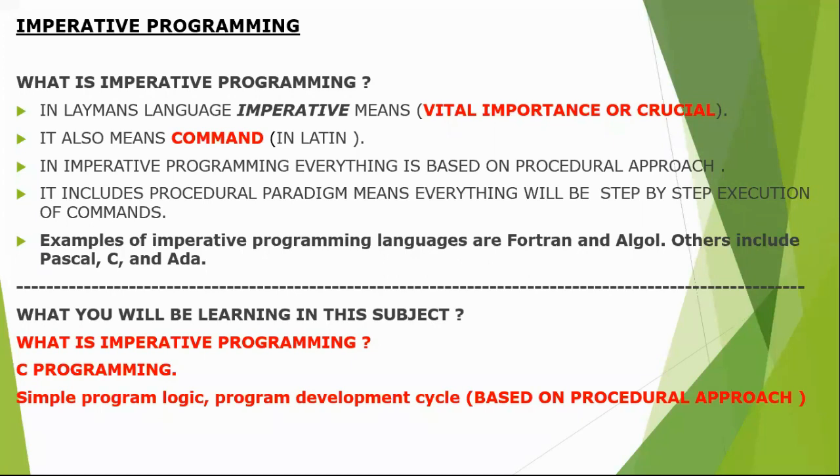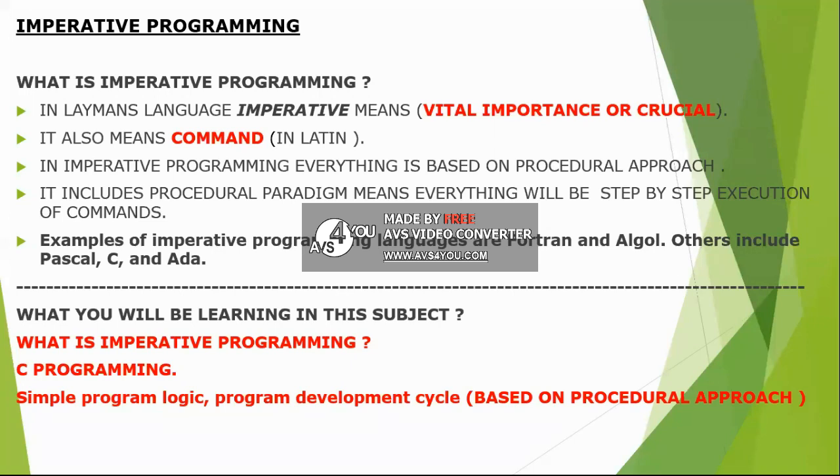We have two approaches, a procedural approach and an object oriented approach. So you have C++ in the next semester. In second year you will be learning Python, and in the fourth semester you will be learning core Java. That is part of object oriented programming. So C programming is basically imperative programming, or a part of the procedural approaches.